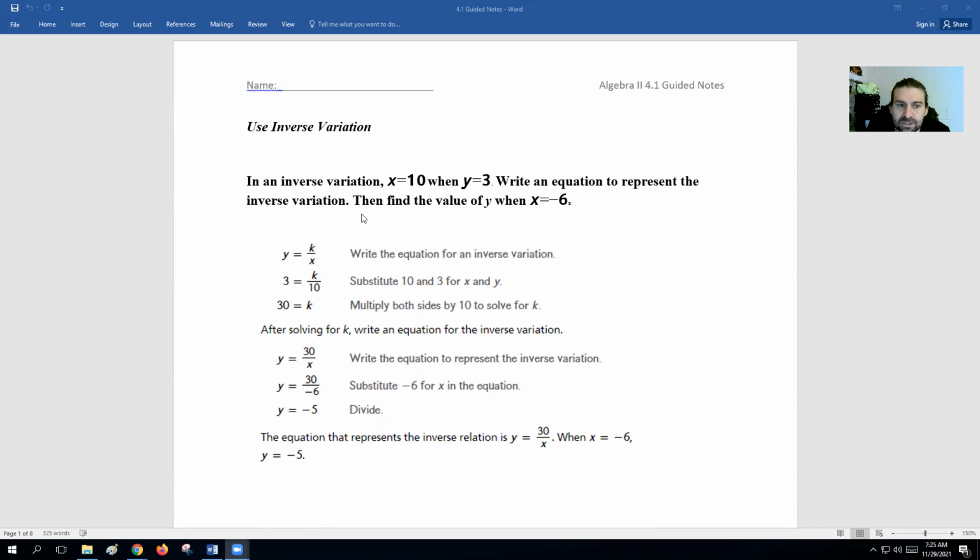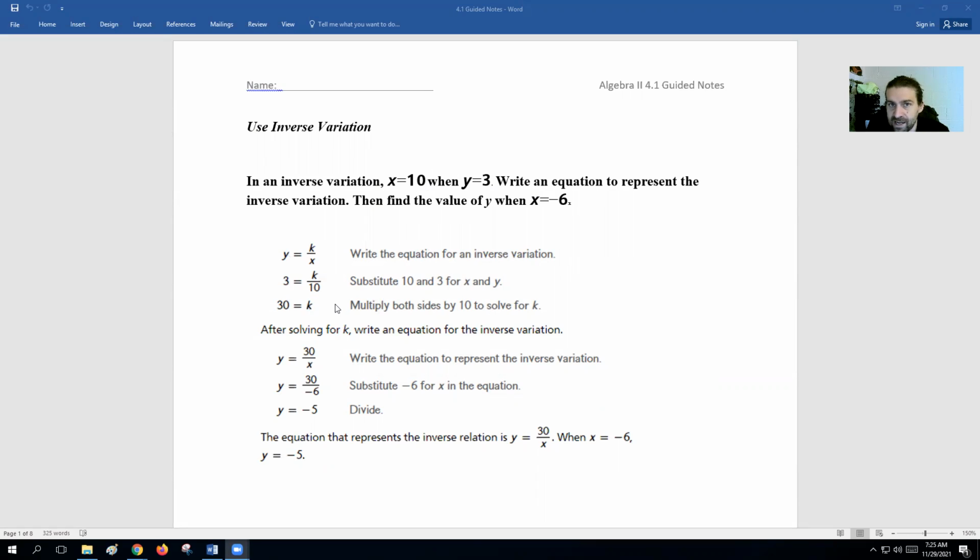If we want to write an equation to represent the inverse variation and then use that to find the value of y when x equals -6, we can do it like so. We can use the variation equation and say, okay, y equals k over x. Well, y is 3, x is 10. If we multiply by 10, we get 30, which is also what we get if we just multiply 10 times 3.